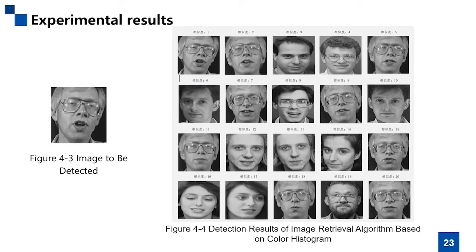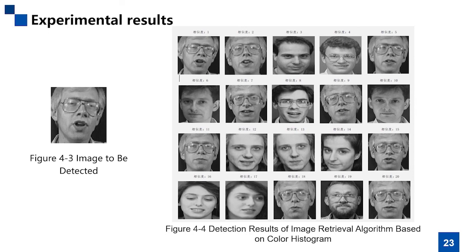Next, we will test the standard ORL face library. There are 30 people in the library with different facial expressions, each with 10 images, totaling 300 face images. For the fairness of the experiment, the same retrieval image is used to test the two algorithms.